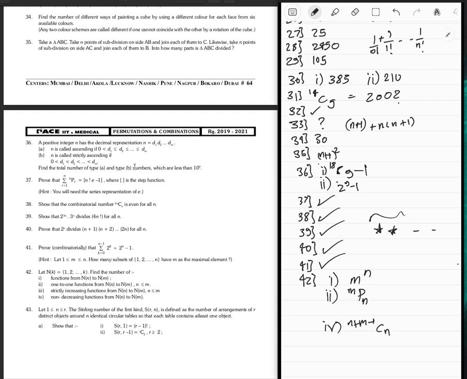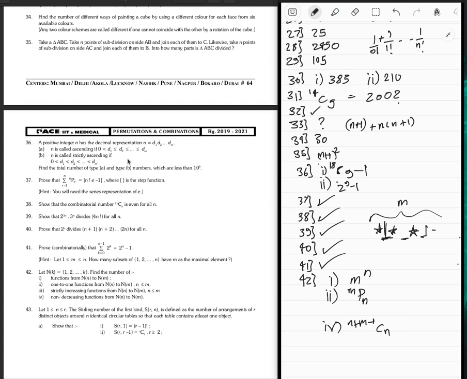So these are m stars, and you will be inserting it in these places, which are like m places, so that you will have 1 at the start at least, right? And then there's a difference of at least 1 star every time you go to the next bar. There could be a difference of 2 stars as well, so that's also allowed. In that way you get all of these.